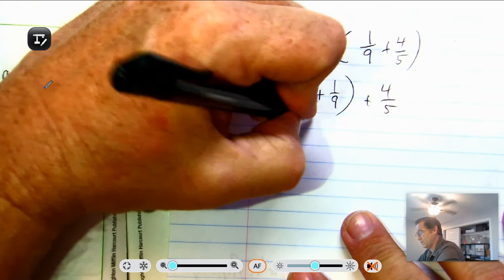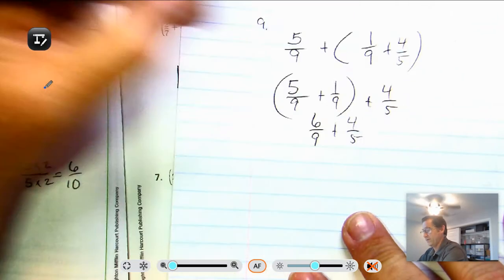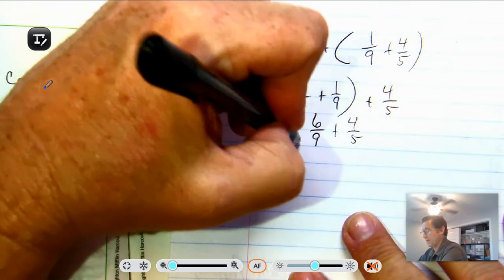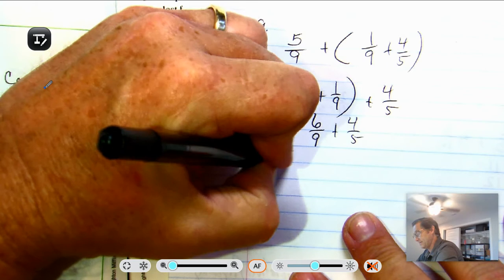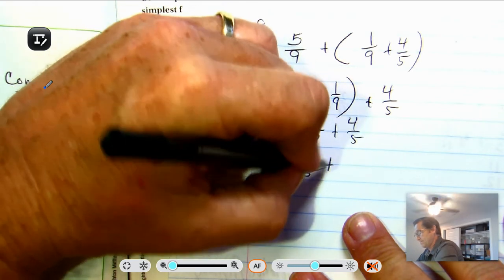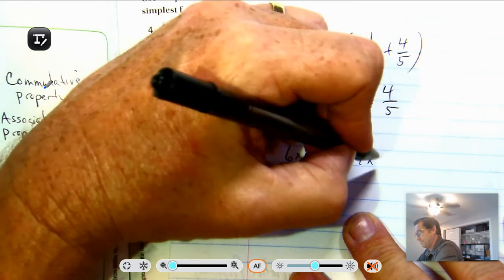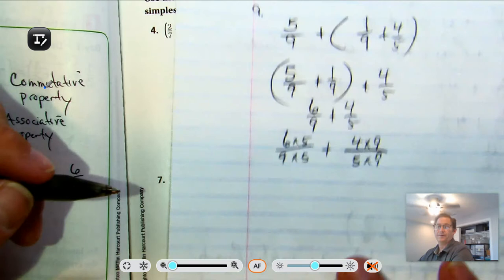Well, 5 9ths plus 1 9th is 6 9ths plus 4 5ths. We can multiply the ninths by fifths and the fifths by ninths. Okay.